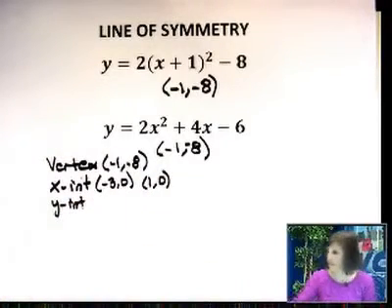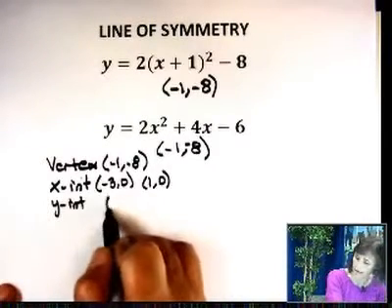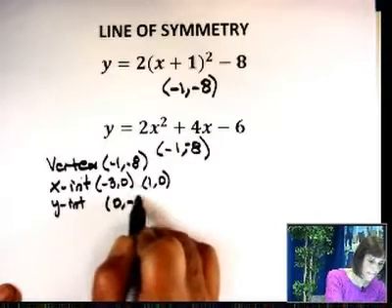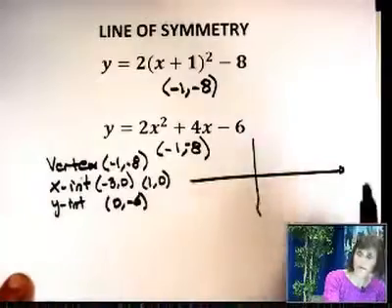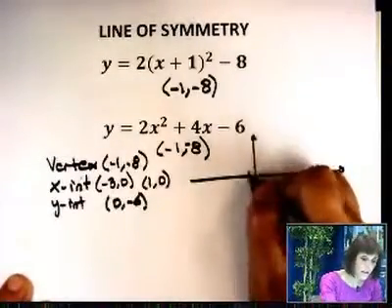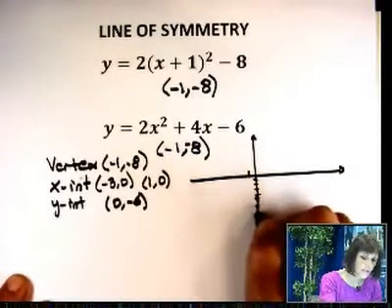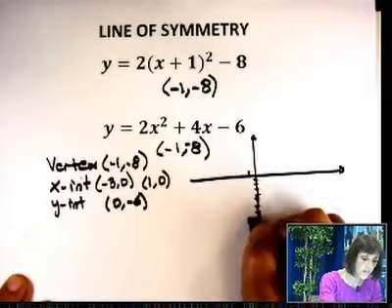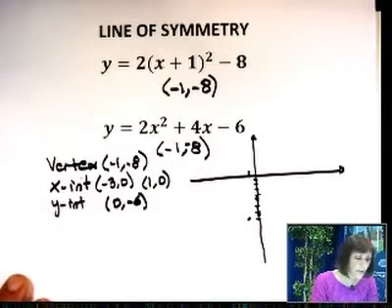Y-intercept of negative 6. Let's look at what this looks like. Vertex (-1, -8). Negative 1, then 1, 2, 3, 4, 5, 6, 7, 8. Here it is. All right, it's going to open up.